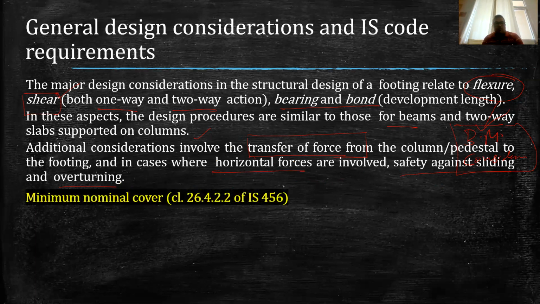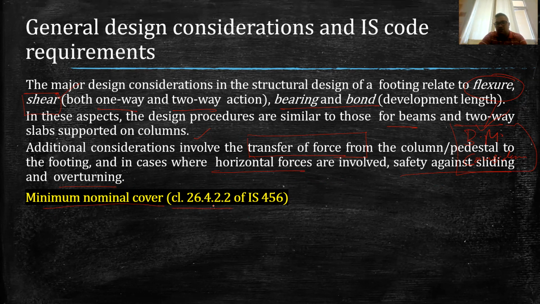Now, the first major consideration in the IS code is the minimum nominal cover. What should be the minimum clear cover in the foundation? So this is specifically mentioned in the IS code at this clause.